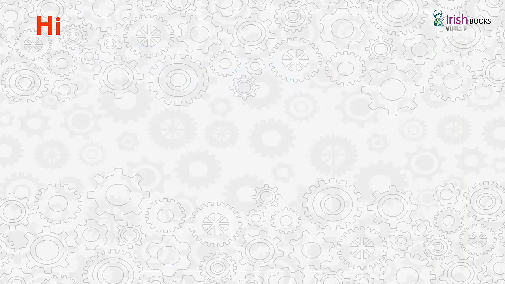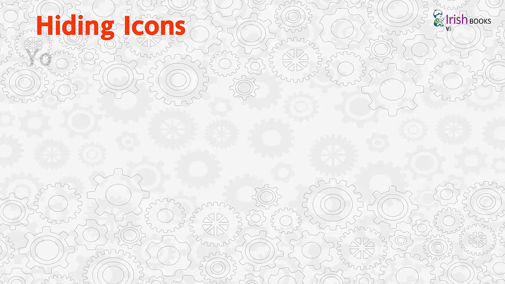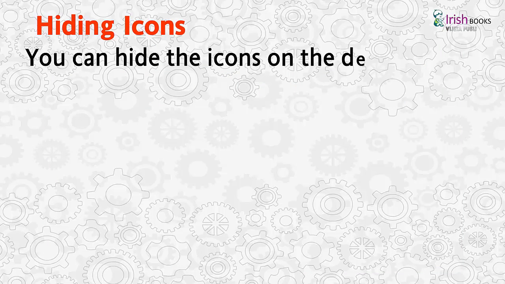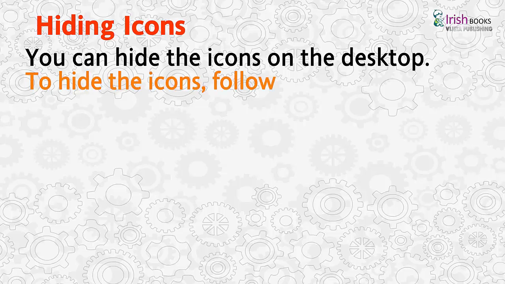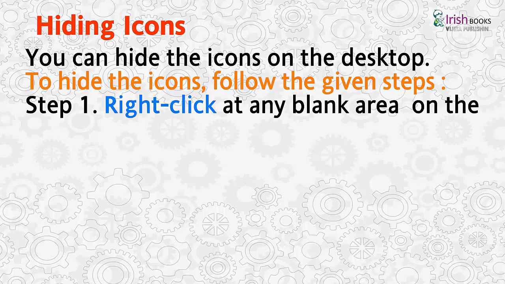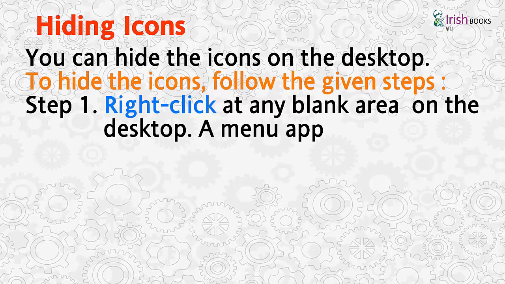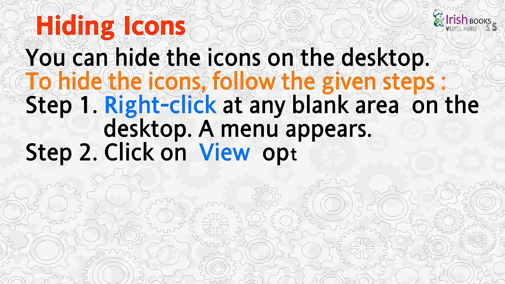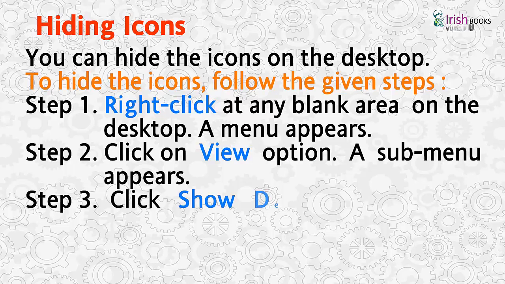Hiding icons. You can hide the icons on the desktop. To hide the icons, follow the given steps. Step 1. Right-click at any blank area on the desktop. A menu appears. Step 2. Click on the View option. A sub-menu appears. Step 3.